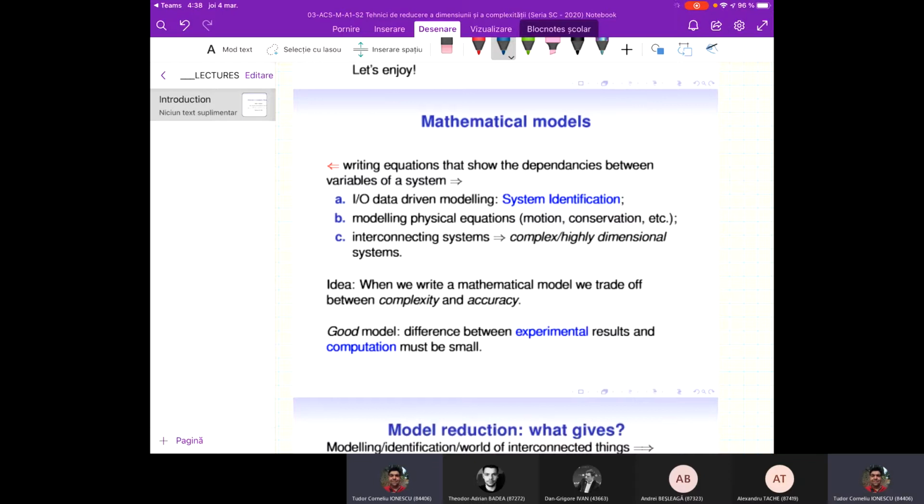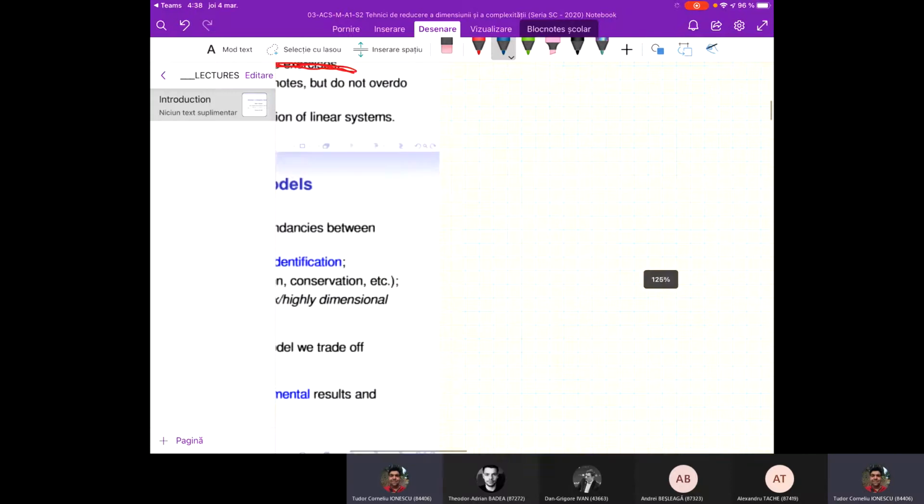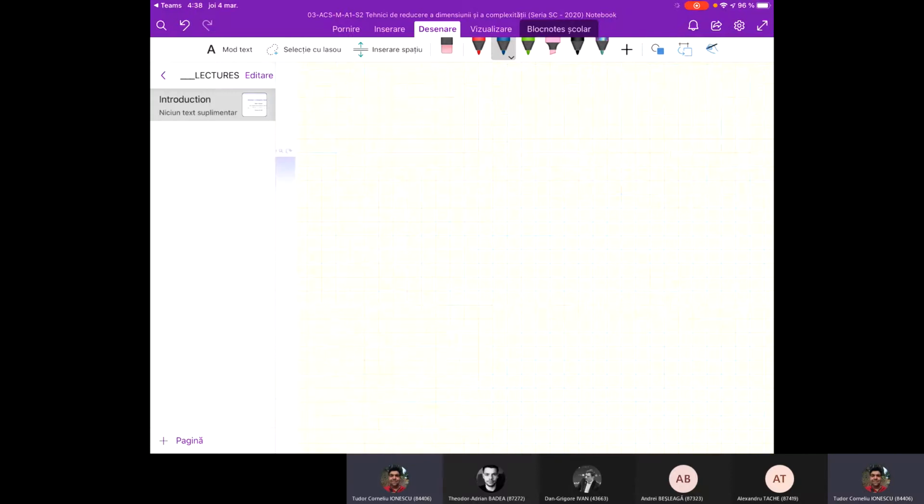Essentially, we are dealing with mathematical models. The question is, what is a mathematical model, or how do you come up with one? You need to write equations that show dependencies between variables of a system. For instance, if you have this guy, it's called the gravitational pendulum.